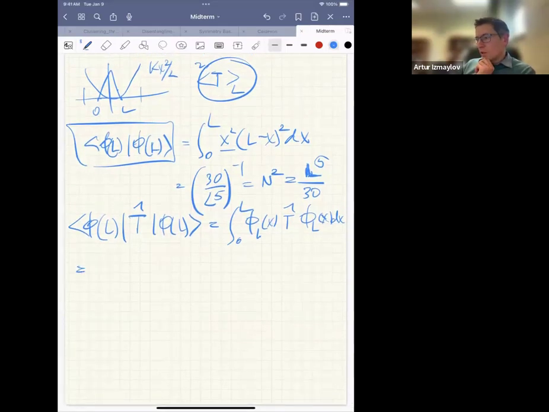And what we get is essentially the integral of, let me see, where is my, right here. Yeah.